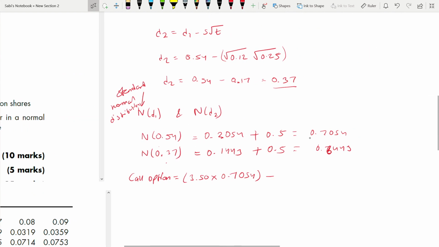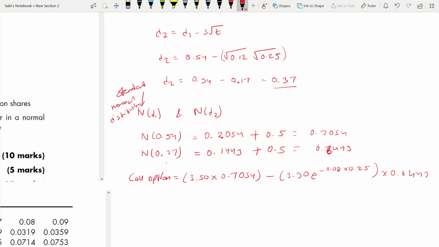Your exercise price is 3.30, multiplied by e to the power minus R T, where R is 0.08 and T is 0.25. Multiply it by ND2, 0.6443.